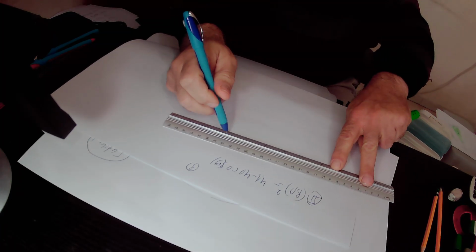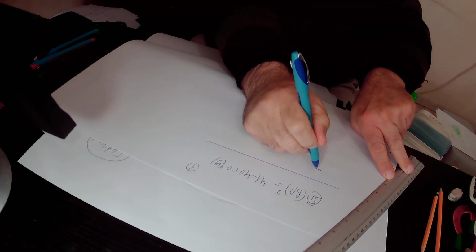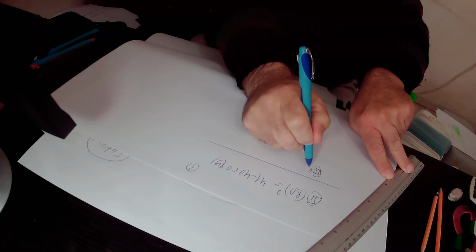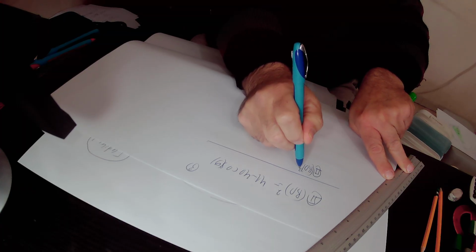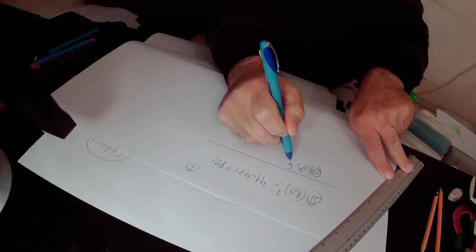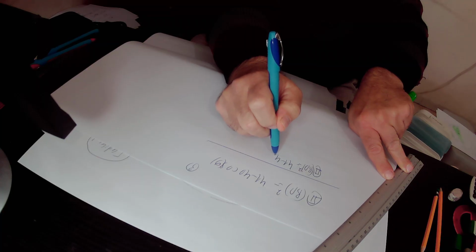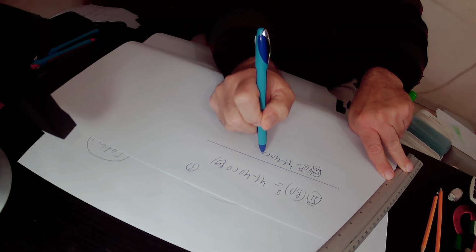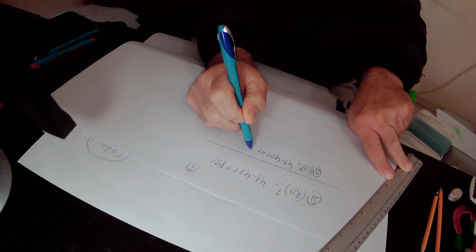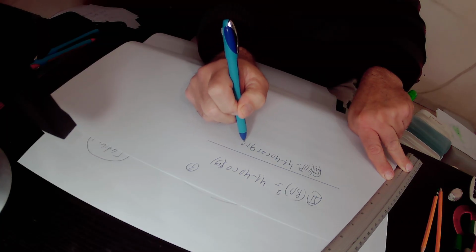So BD squared, according to equation 2, equals 41 minus 40 times cosine alpha. And alpha is 93.07 degrees.